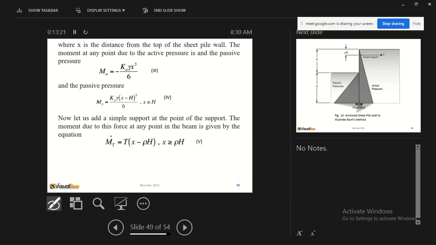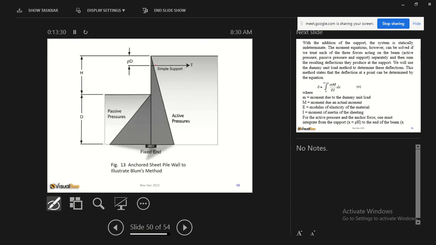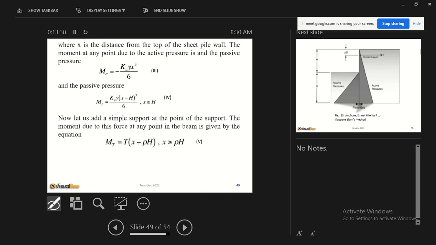Now let us add a simple support at the point of the support. We assume the wall is simply supported there, and we now treat the sheet pile wall as a beam.